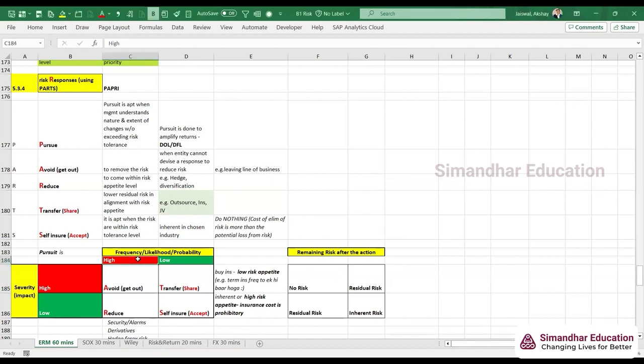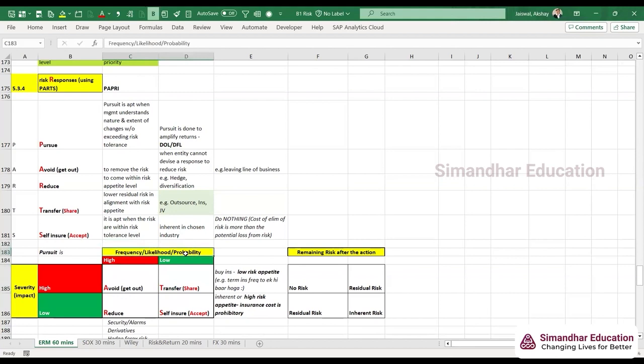So if the flooding is occurring a very common number of times in the year, and obviously the impact is high, then we will try to avoid it. We will try to shift our base from that area to another area. Okay. Now let's take another example. The frequency of risk is high.